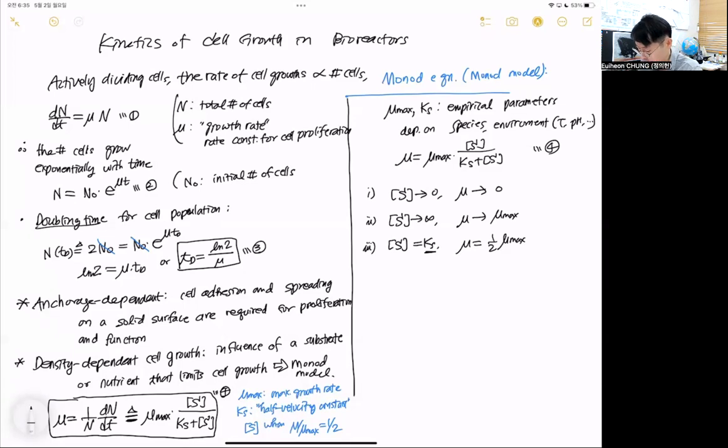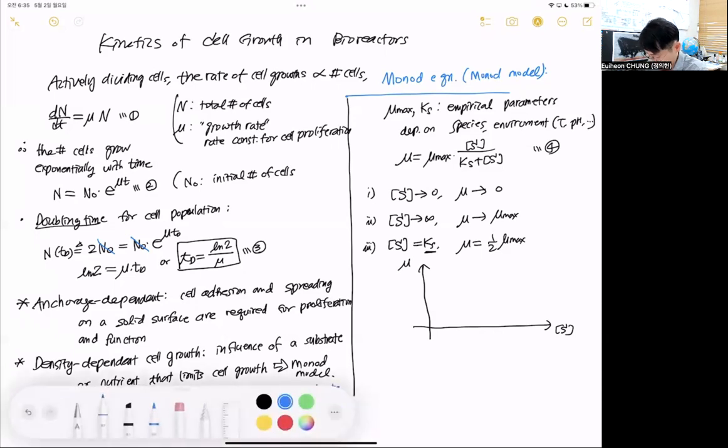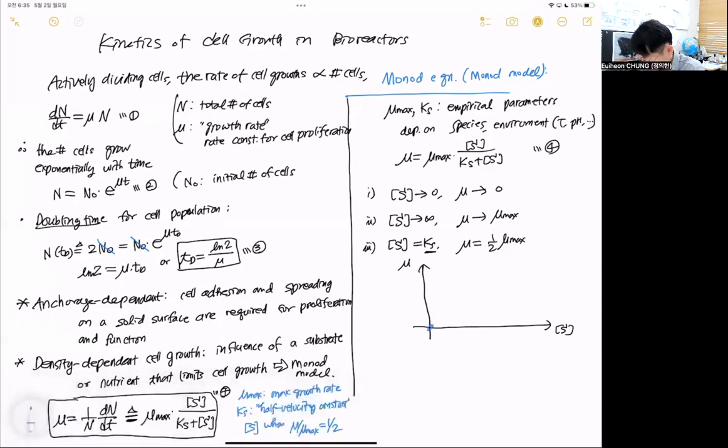In fact, velocity here means growth rate. So let's actually draw how this growth rate looks from here. The x-axis is the substrate concentration, and the y-axis is mu, which is the growth rate. From the equation, when S equals 0, mu equals 0, and there's a maximum growth rate, which is mu max, when S goes to infinity.